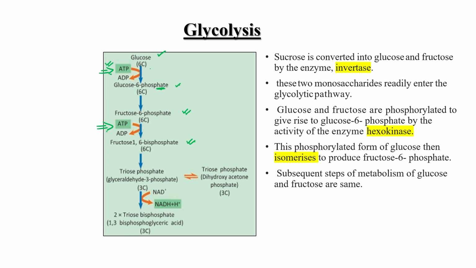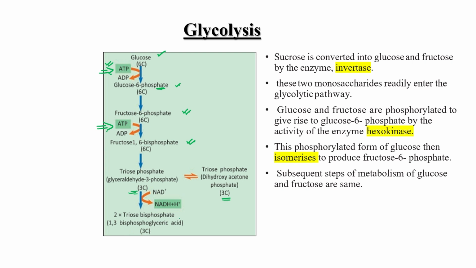Okay, so glucose to glucose 6-phosphate, then glucose 6-phosphate to fructose 6-phosphate, then fructose 6-phosphate to fructose 1,6-bisphosphate, and then fructose 1,6-bisphosphate converts into 2 molecules of 3 carbon, that is glyceraldehyde 3-phosphate and DHAP, that is dihydroxyacetone phosphate.